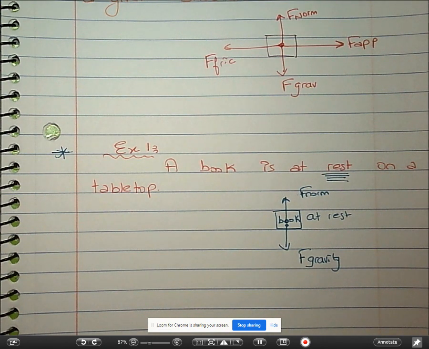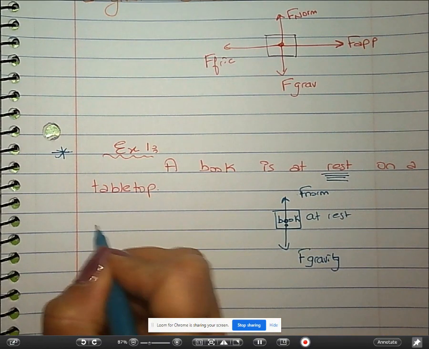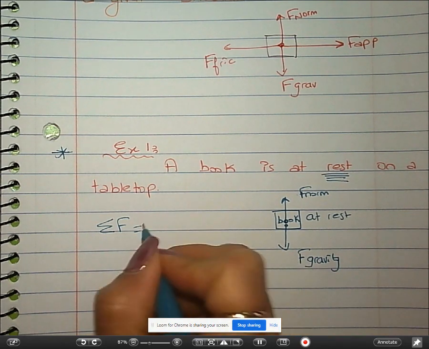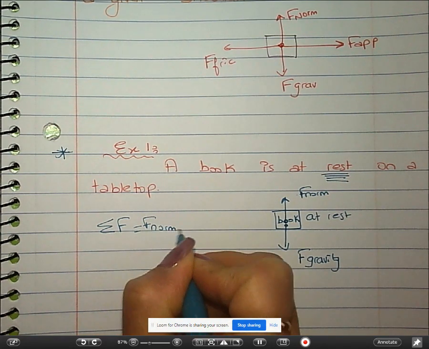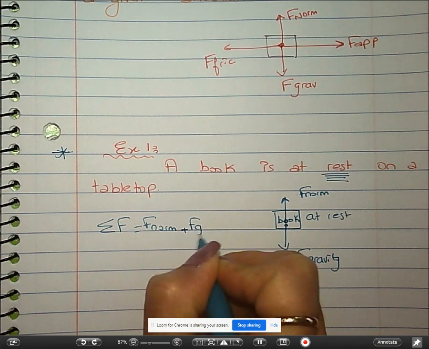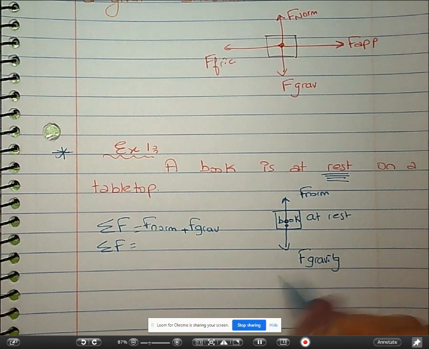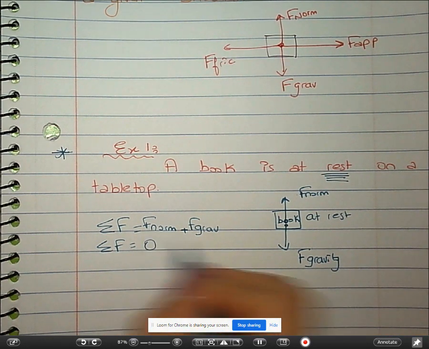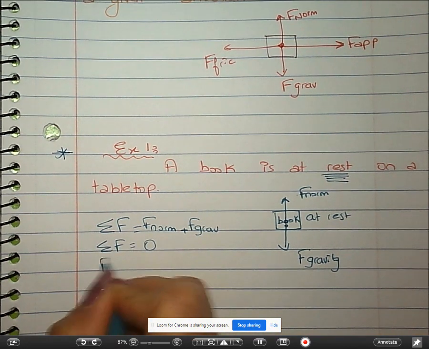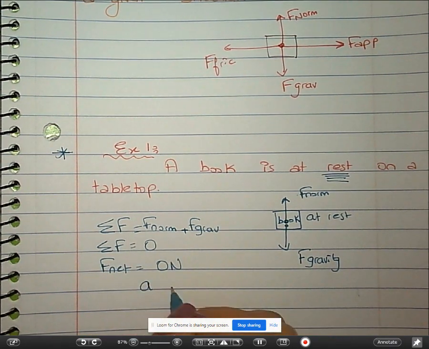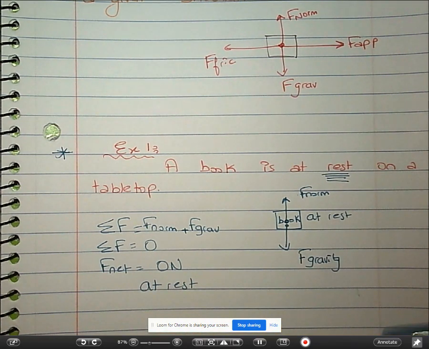And then we know that this is the net, the summation of force, which is the normal plus the gravity, which is gonna cancel each other. So the net force would be 0 Newton, which means it's at rest, and this would be your free body diagram.